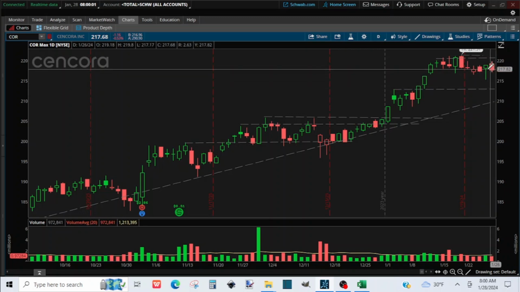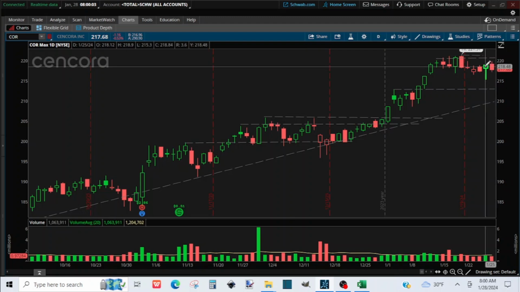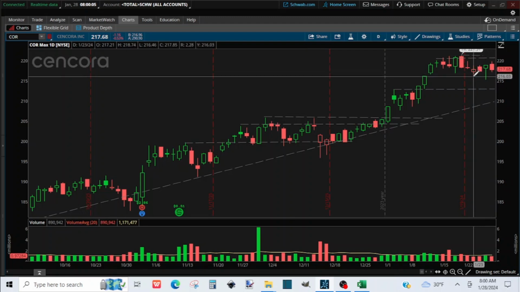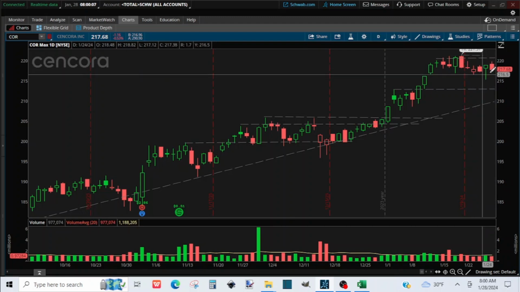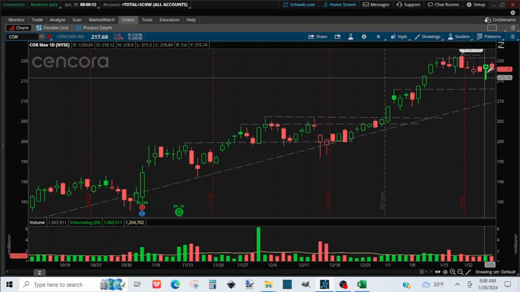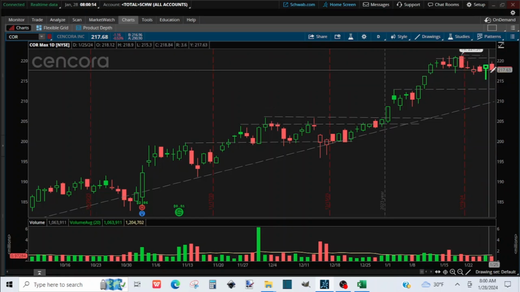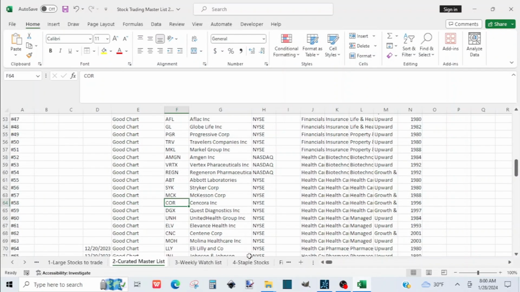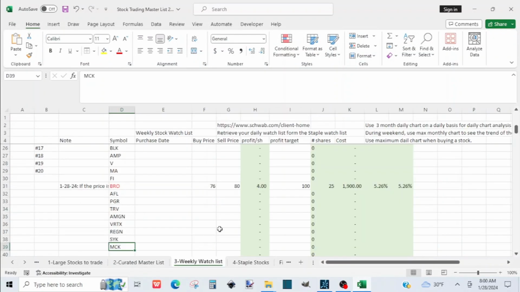But at this point, it's trying to consolidate around here without any support, without sitting on any previous resistance. So yeah, I'm not doing anything with it. It needs to come down. From there, I can add it to our list and keep an eye on it.